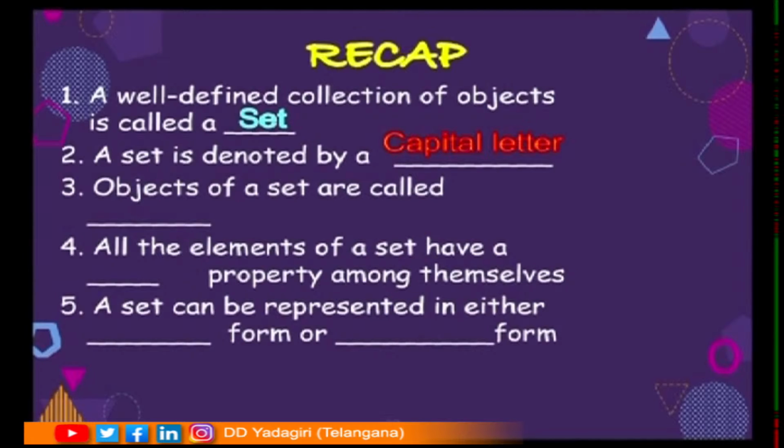So, we use a capital letter to denote a set. Now, objects of a set are called elements. So, what do we call the objects of a set? We call them as elements. All the elements of a set have a common property among themselves, and a set can be represented in either roster form or set builder form.